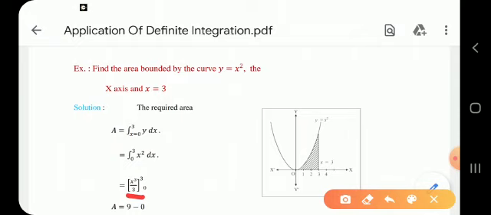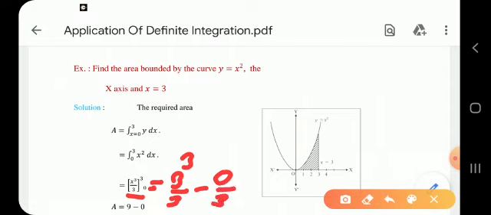Now we put the upper limit first, that is 3 cube upon 3, then with minus sign we put our lower limit. Here the lower limit is 0, so 0 cube, that is 0 upon 3.